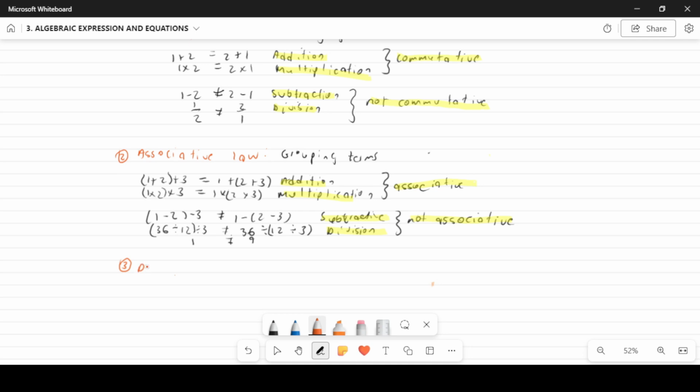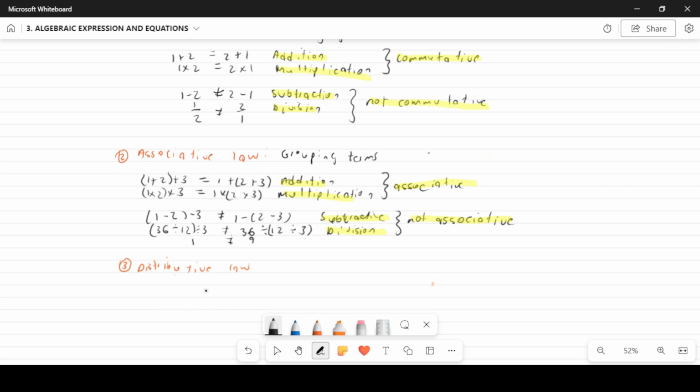So distributive law. With the distributive law, multiplying a number by the addition or subtraction of a group of numbers is the same as multiplying that number to each of the numbers separately. So let's elaborate on that.